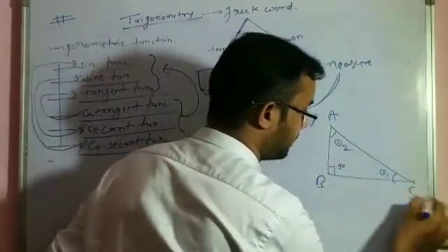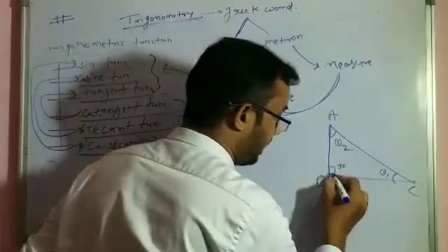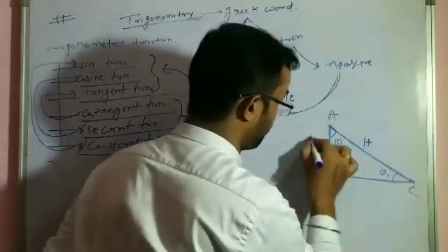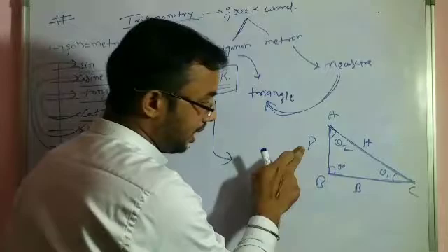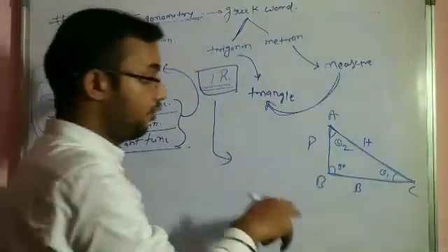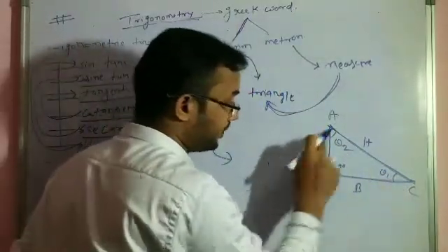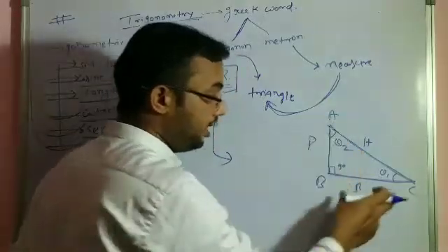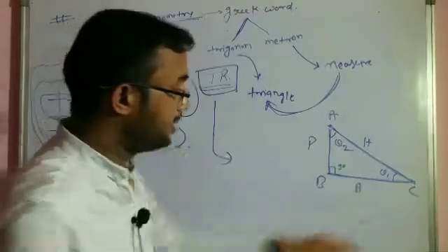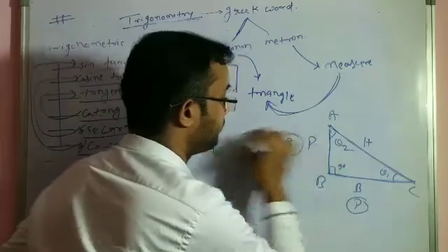Suppose these corners are A, B, C. Then we can say that is the perpendicular, that is the base and that is the hypotenuse. The perpendicular and base may be interchanged, depending on the angle which we consider. If we consider angle theta 1, then AB is the perpendicular and BC is the base. If we consider angle theta 2, then BC is the perpendicular and AB is the base.